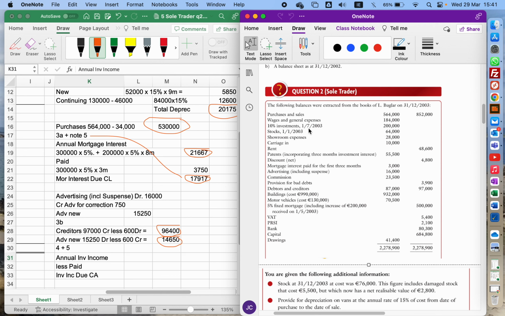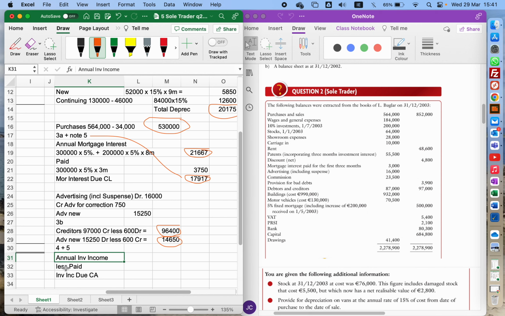So, 10% investments 1st to 7th. That means the investment income, if I just put my rough work here beside it, is going to be 200 grand times 10%. And then we'll multiply that by how many months did we have it?